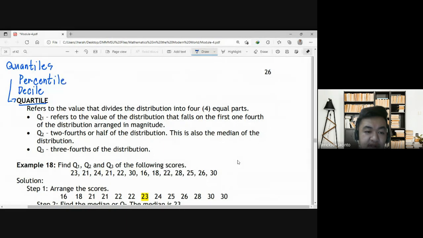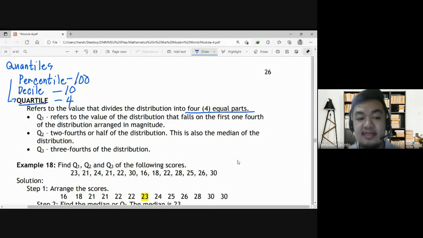For quartile, it divides the distribution into 4 equal parts. Decile, 10 equal parts. Percentile, 100 equal parts. Okay? So, for a quartile, it divides into 4 equal parts.